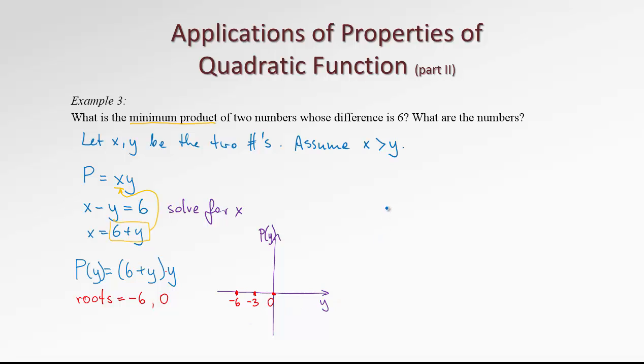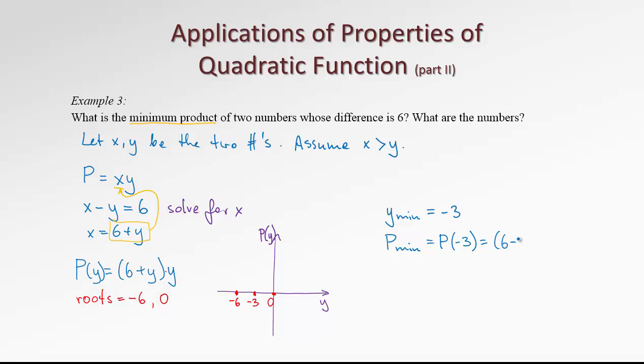So we already know that y minimum, the first coordinate of the vertex, is equal to -3. Therefore, the second coordinate, P minimum, the minimum product, is equal to the value of the function P at the point -3. So let's plug in the -3 to our expression.